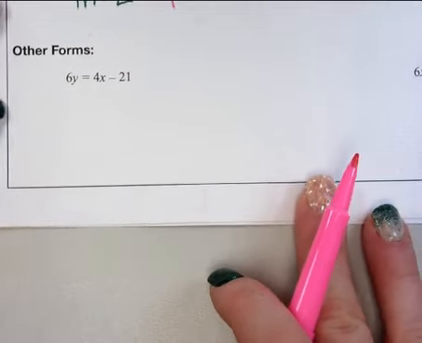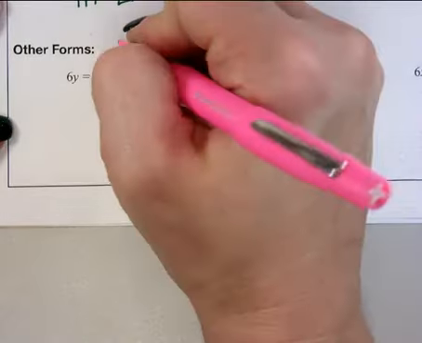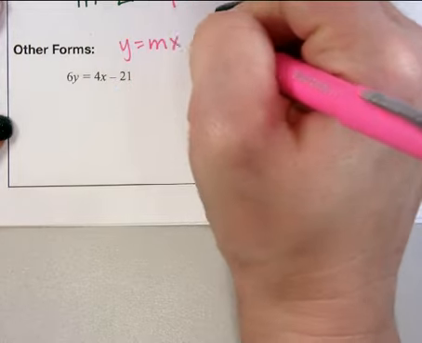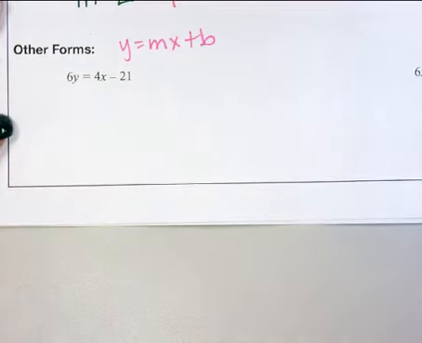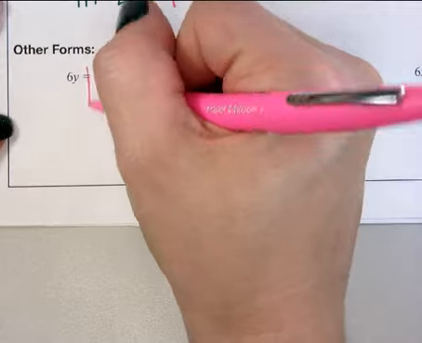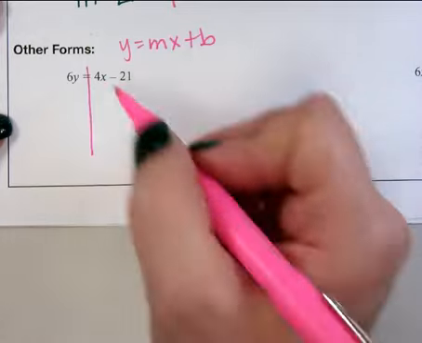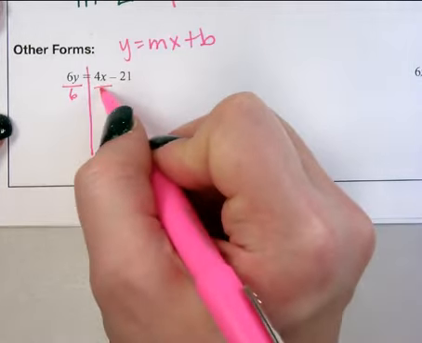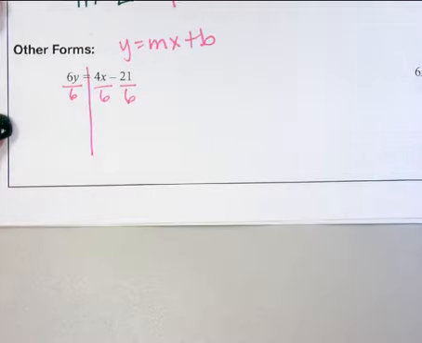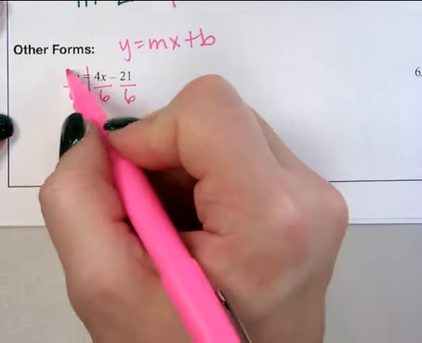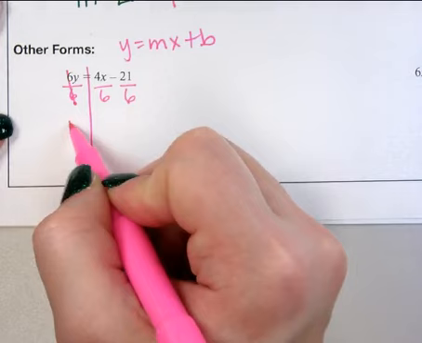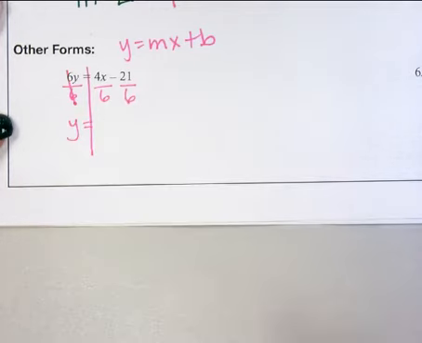All right, I'm going to do 2 more examples, and then you're going to have a few to try on your own. Again, I want this to say y equals mx plus b. So I need to get the y by itself. What do you guys think? What should we do? If you said divide by 6, you are right. Divide by 6. Remember, what you do on one side, you have to do to the other side. 6 divided by 6 is 1y. 4 divided by 6 will not give me a whole number, but it will reduce.